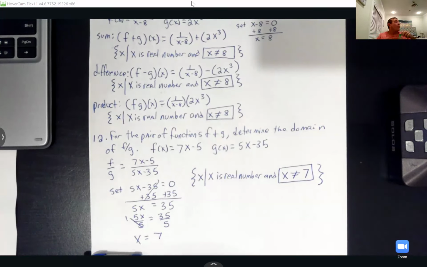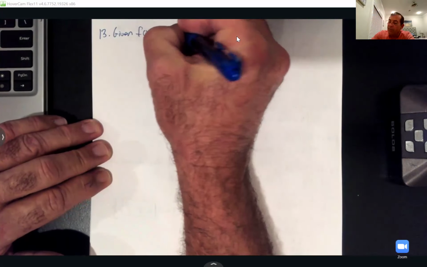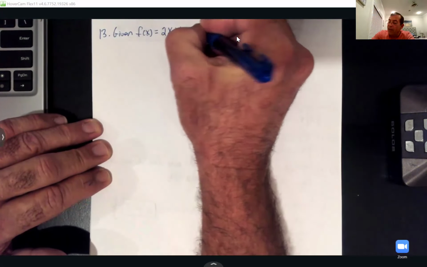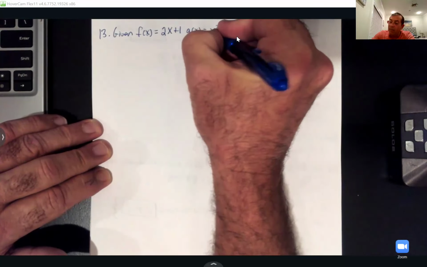All righty, y'all. 13 is a composition where I had the F compose G stuff. So this one says given f of x equals 2x plus 1, g of x is going to equal x to the third.